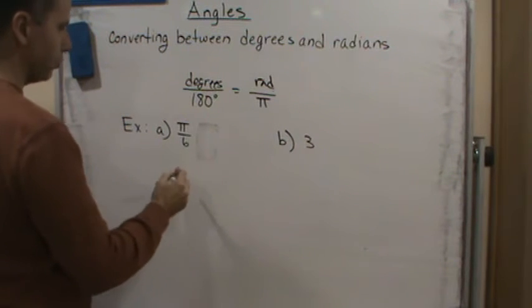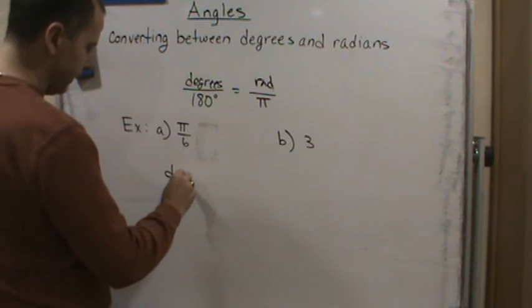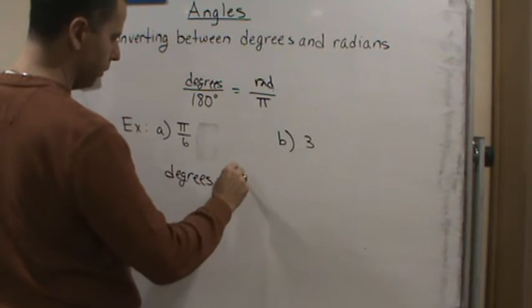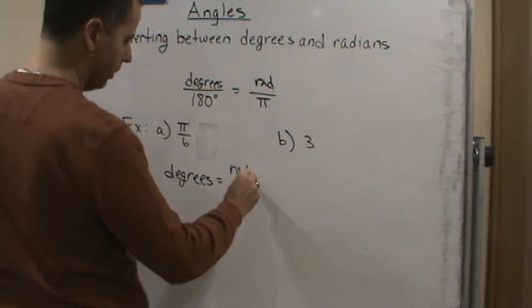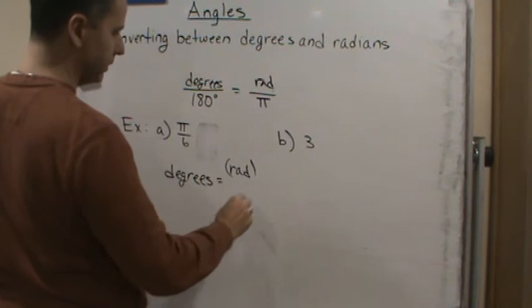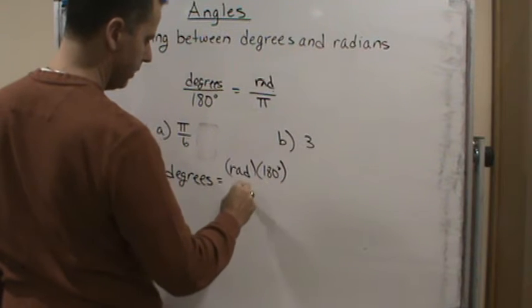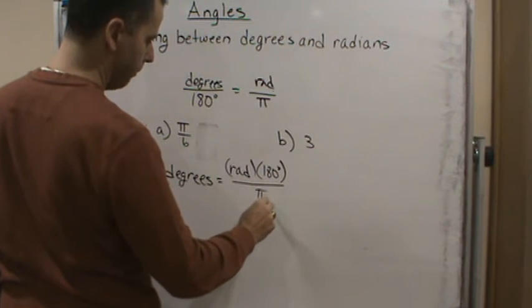So degrees equals the central angle in radians times 180 degrees divided by pi radians.